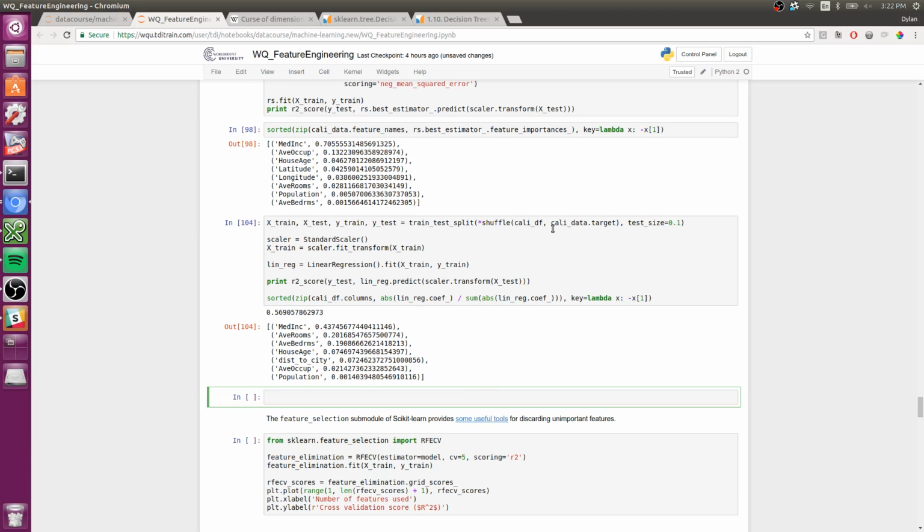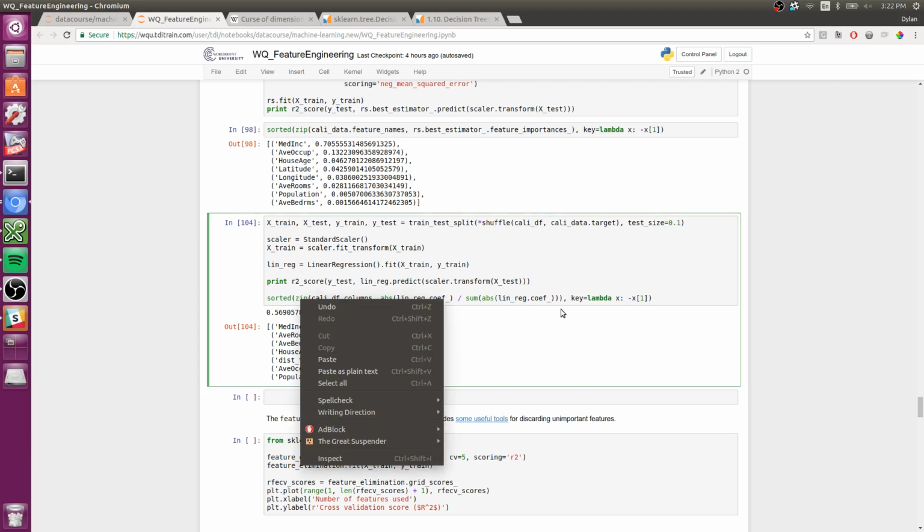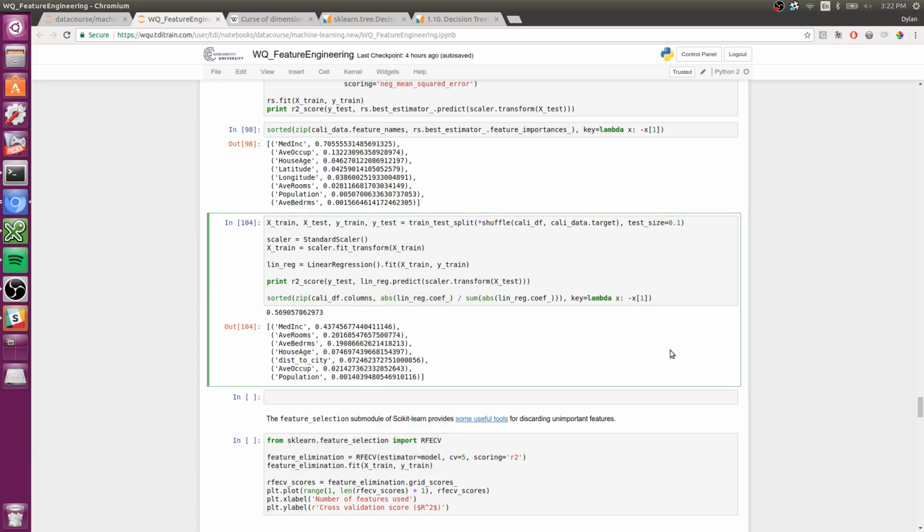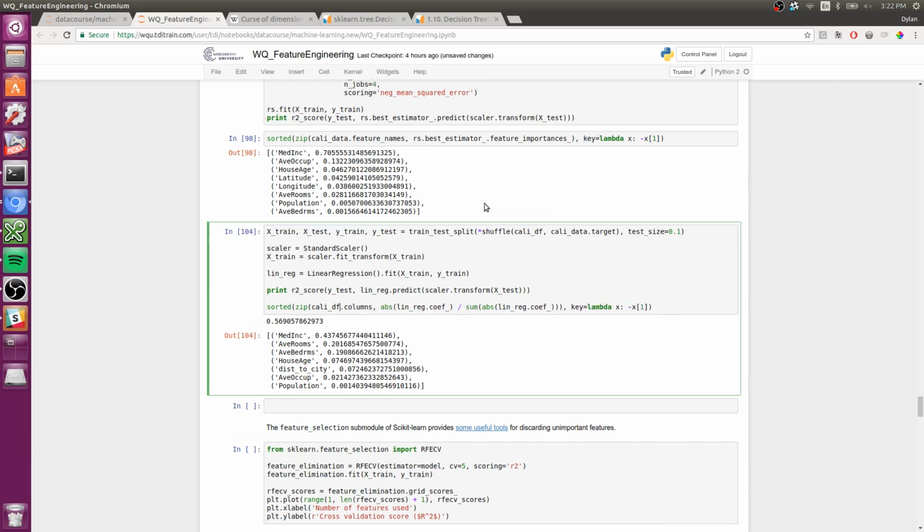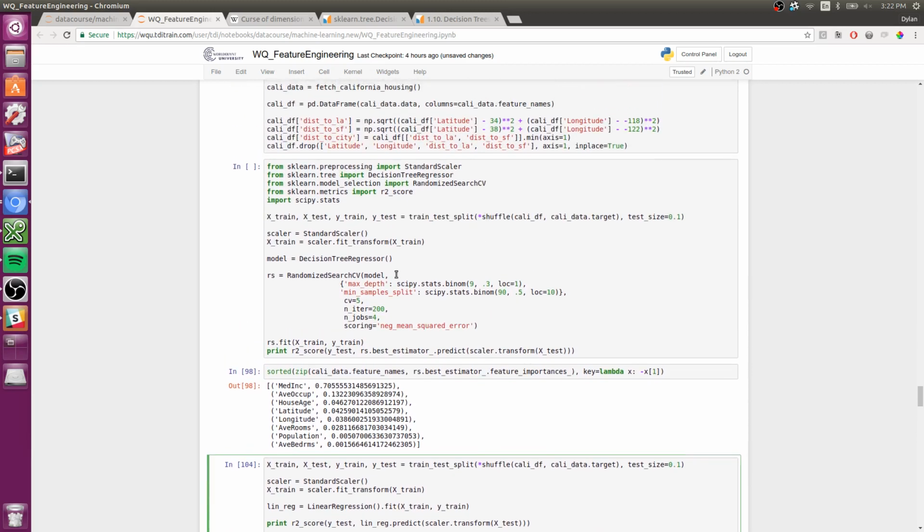We could try removing some of these less important features and seeing if they help us actually make a better model.